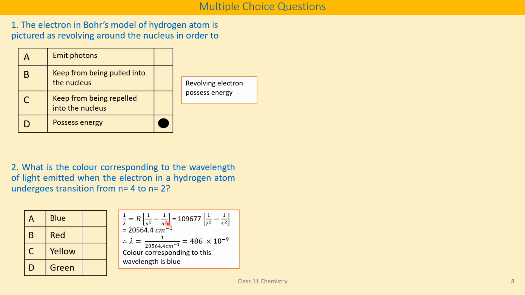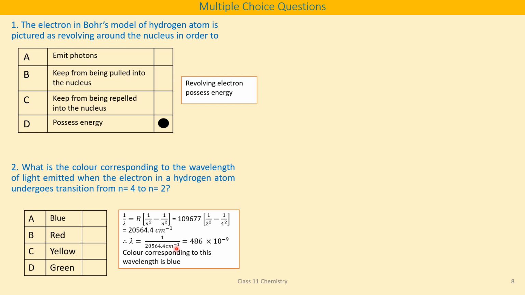Using this formula, we calculated the value as 20564.4 per centimeter. Therefore, because we have calculated 1 over lambda and we have to calculate lambda, lambda is equal to 1 over 20564.4 per centimeter.